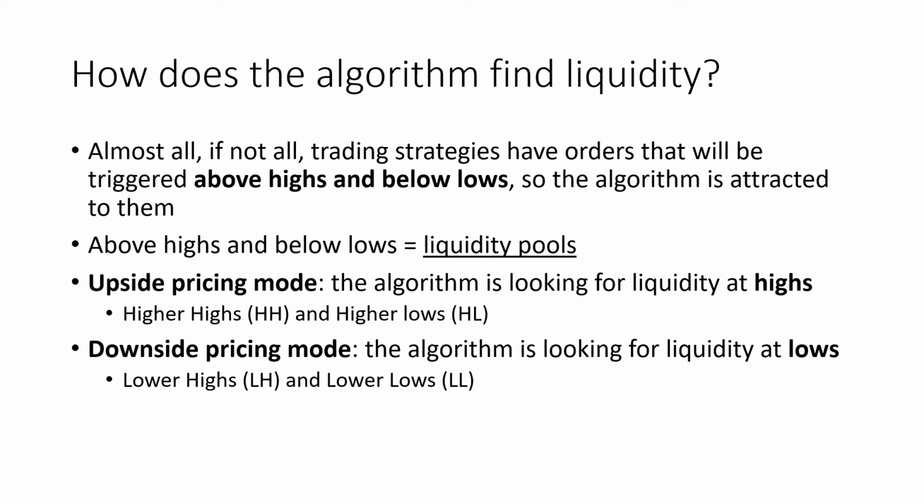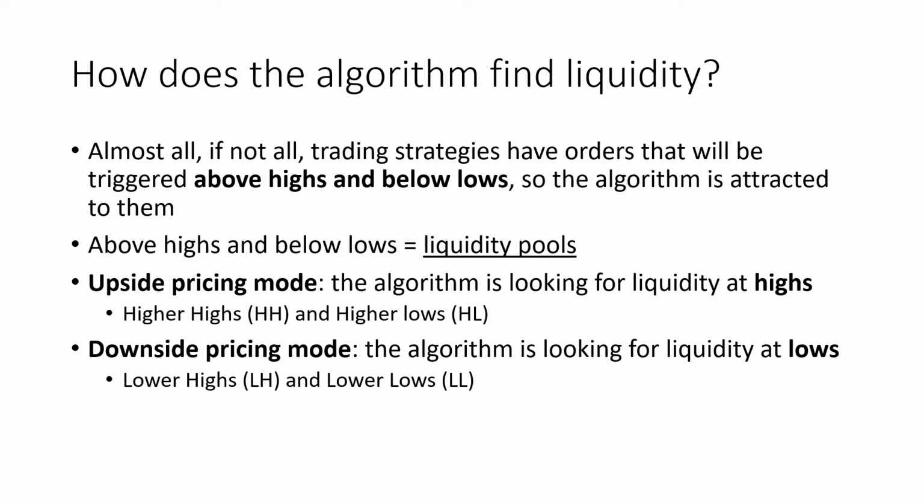And the next part is downside pricing mode, which is the complete opposite, the inverse. It's exactly the same, but just the inverse, where the algorithm, instead of looking for highs for liquidity, is looking for lows. And the algorithm does this on all different scales: monthly, weekly, daily, 4-hour, 1 hour, all the way down to the 1 minute or even 10-second chart if you have that.